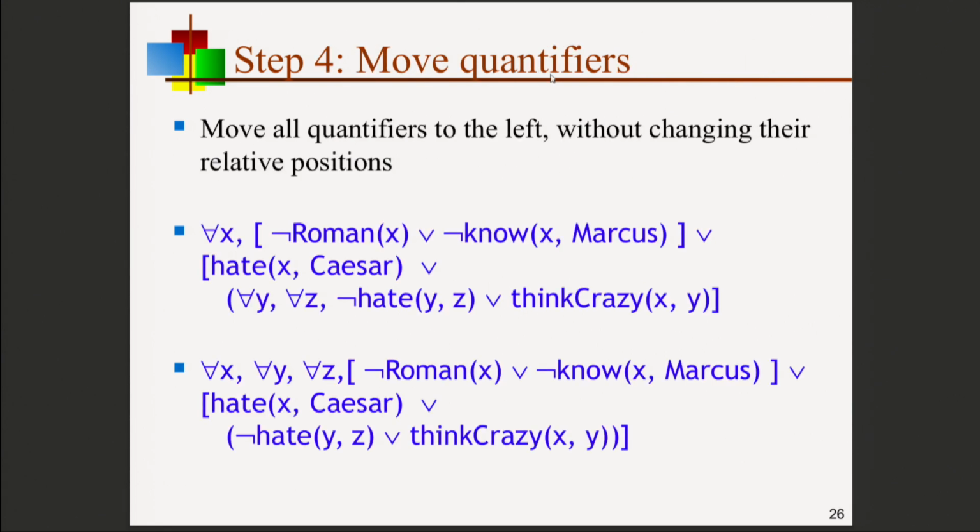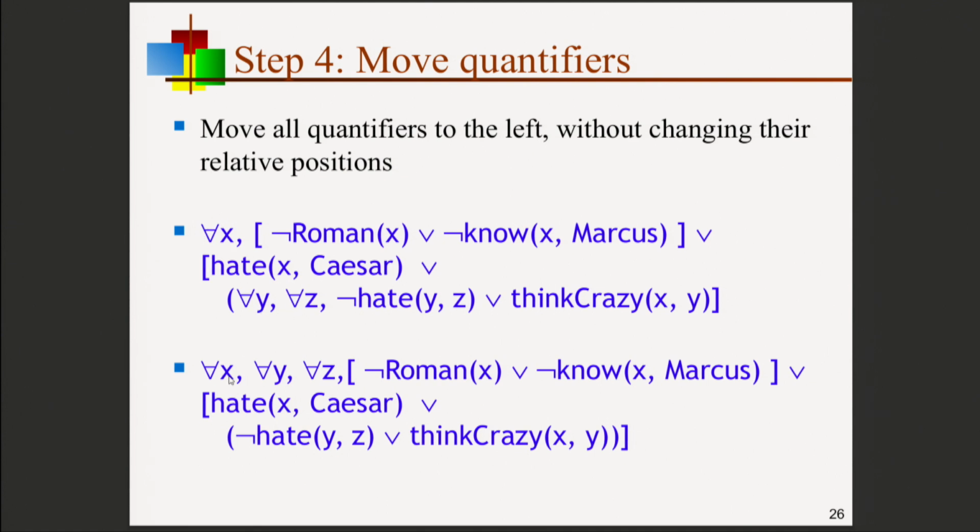Next step is to move all quantifiers towards the left. Here we have the result of the step 3 outcome, and after step 3, this is step 4, where we have the quantifiers for all x, and you see for all y and for all z appear here after a few clauses. So, these can be moved towards the left.